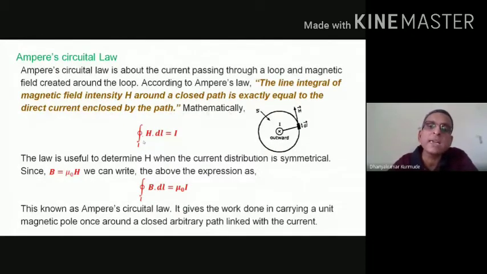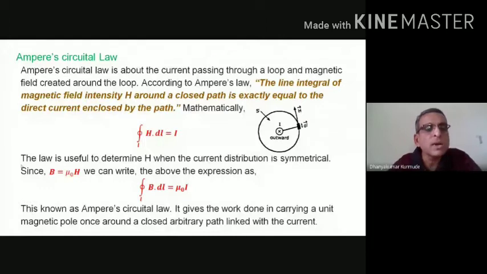Mathematically, we can write this as the line integral of H dot dl is equal to I. Here H is the magnetic field intensity, similar to electric field intensity E. So H dot dl gives the work done, and that is equal to current. That is the magnetomotive force, we can say.